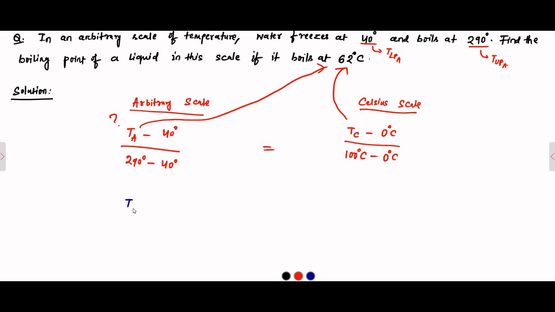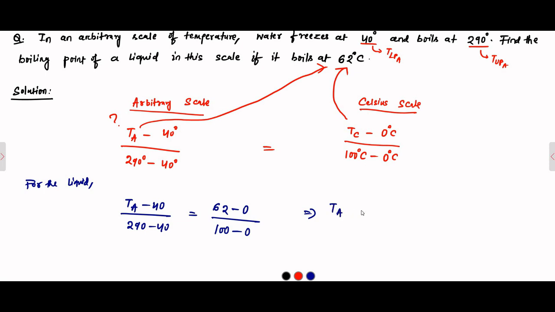So T_A minus 40 by 290 minus 40 is equal to the temperature in the Celsius scale, 62 degree for the liquid. So the boiling point in the Celsius scale is 62 degree: 62 minus 0 by 100 minus 0.